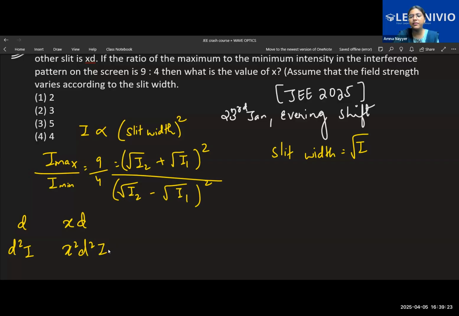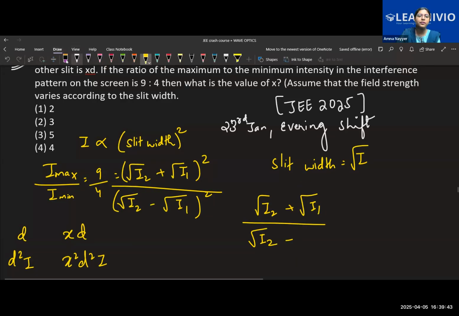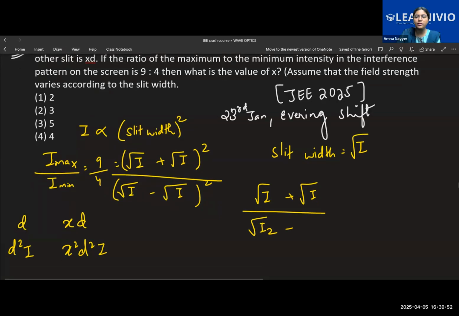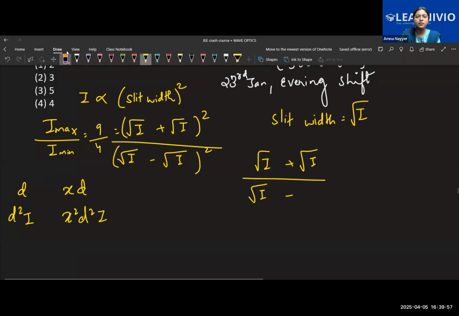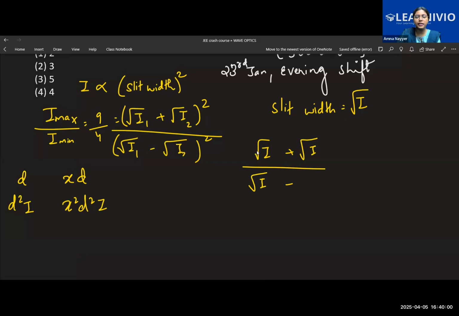Or what we can do is simply use the formula as Upasna mentioned, root I1 plus root I2 whole square. Let's remove the square. If you remove the square, what will you be left with? Root I1 plus root I2 divided by root I1 minus root I2.